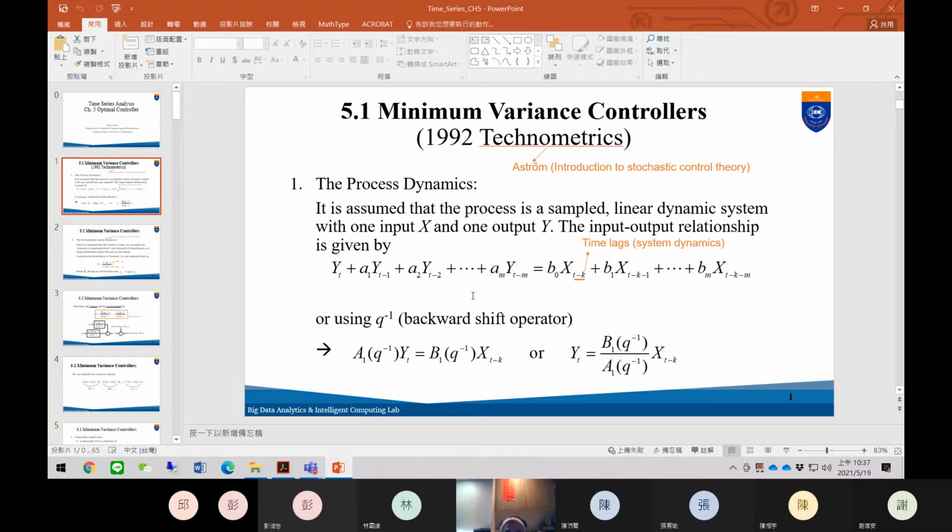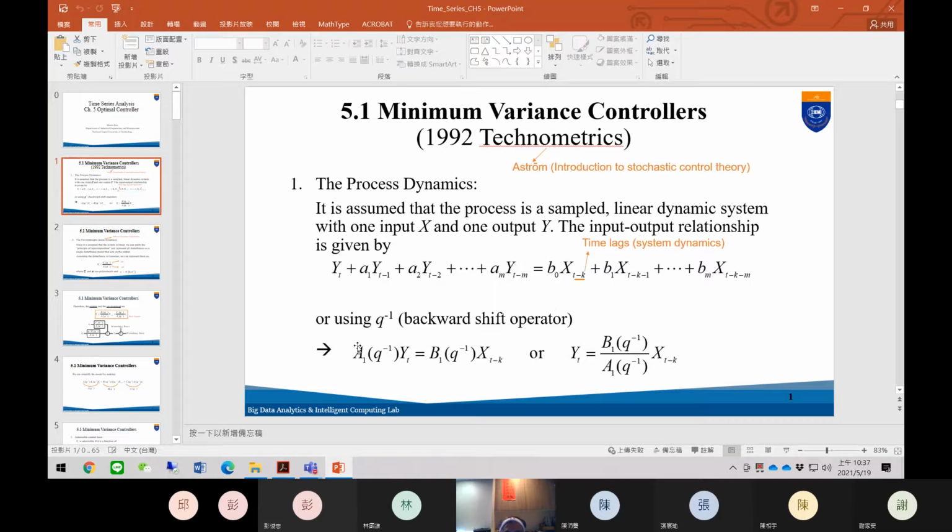So this part on the left-hand side is represented as an A polynomial times yt. And this part is the transfer function, this is the B1 backshift operator in terms of the backshift operator and t minus k.